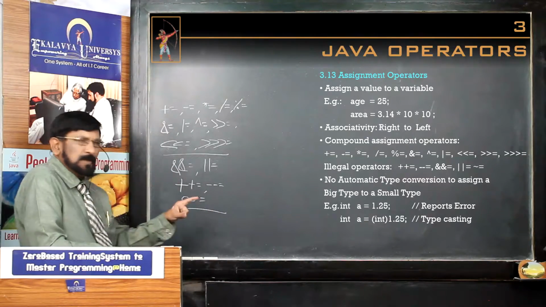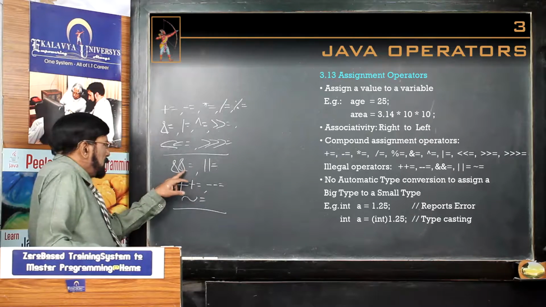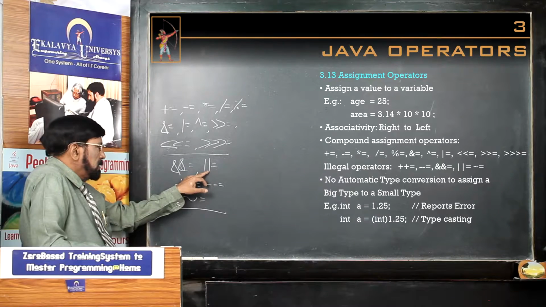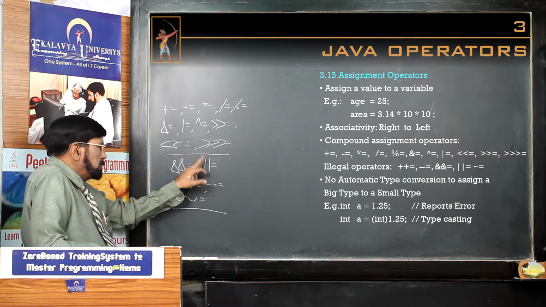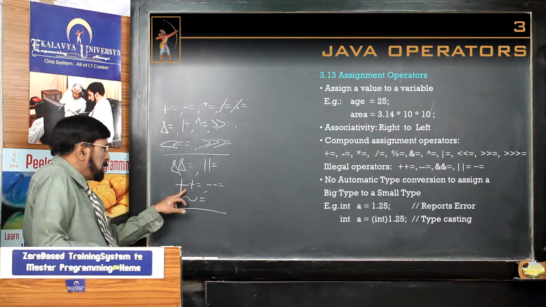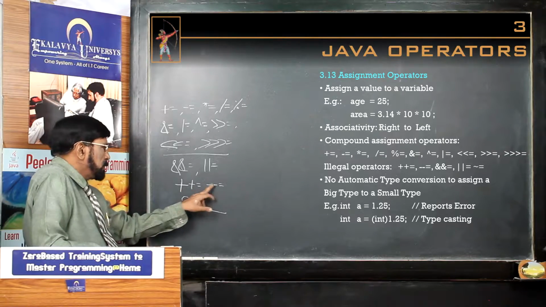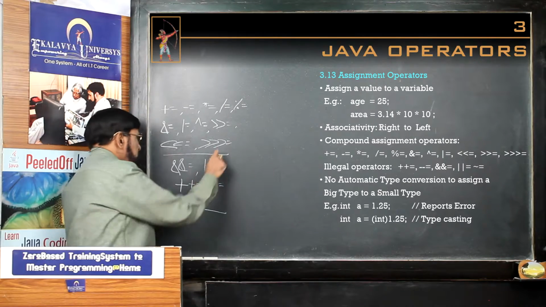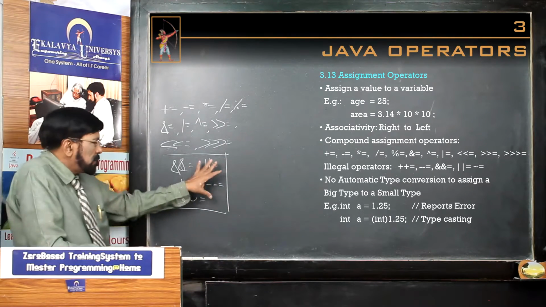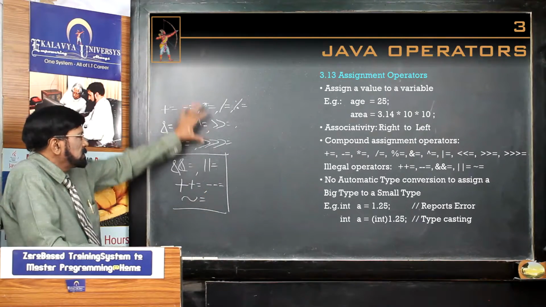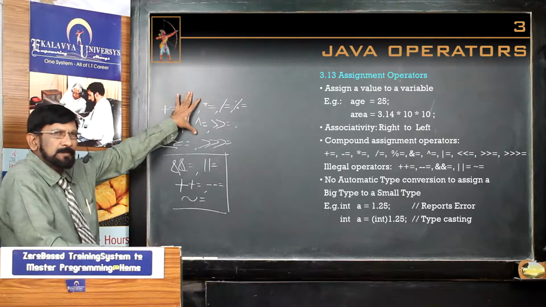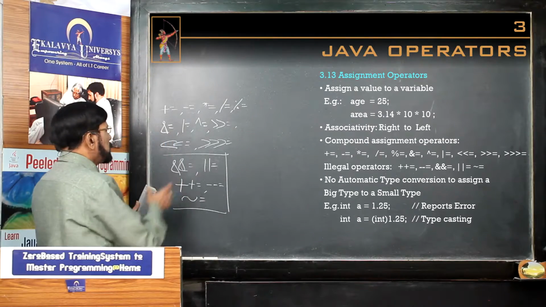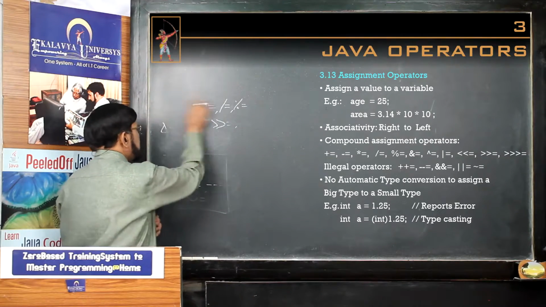So, specifically, you must remember the conditional logical AND operator, conditional logical OR operator, and unary plus plus, unary minus minus, bitwise complementary. Java does not support these five operators. Java supports the 11 operators. Whatever operation I explained, you have to apply to that. Then only you can understand it.